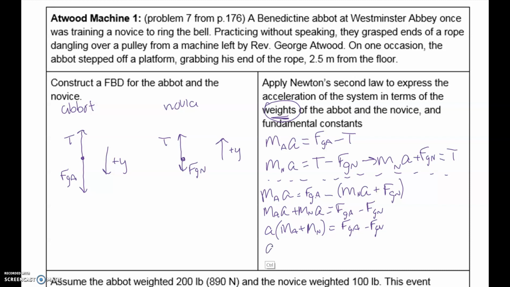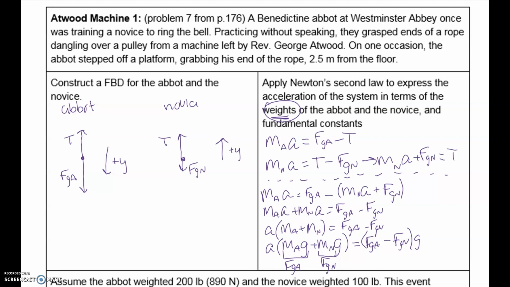So I have acceleration times mass of the Abbot times acceleration due to gravity plus mass of the Novice times acceleration due to gravity is equal to force gravity of the Abbot minus force gravity of the Novice, that whole thing times the acceleration due to gravity. And that's convenient because this term and this term can now be simplified, as this is the weight of the Abbot and this is the weight of the Novice.